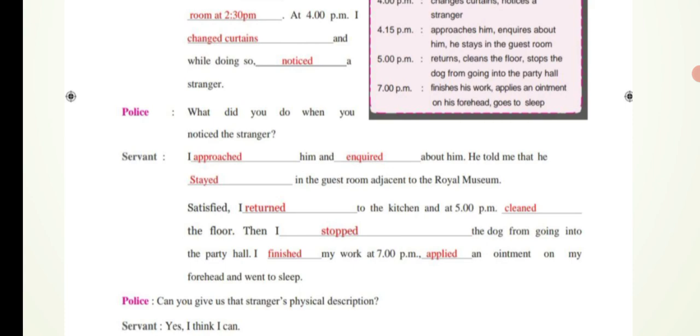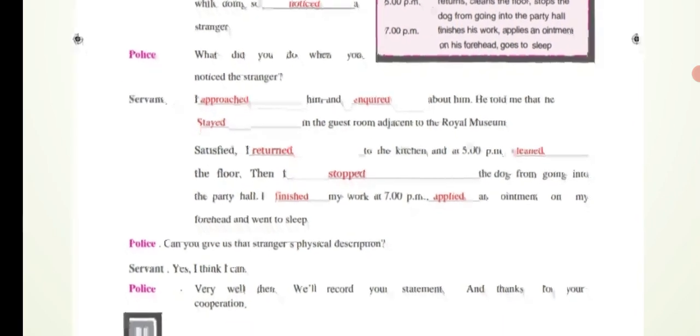Satisfied, I returned to the kitchen at 5 p.m., cleaned the floor, then I stopped the dog from going into the party hall. I finished my work at 7 p.m., applied an ointment on my forehead, and went to sleep. Ointment is a kind of cream only. Police: can you give us the stranger's physical description? Servant: yes, I can. Police: very well, then we will record your statement and thanks for your cooperation.